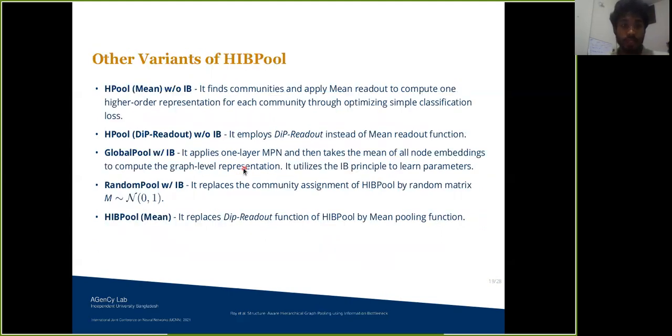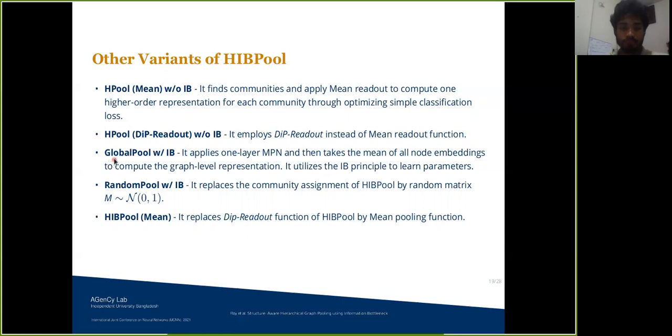In addition, we compare multiple variants of HIBPool in our experiment. HIBPool mean without IB finds communities, applies mean readout, and optimizes the simple classification loss. HIBPool deep readout without IB employs deep readout under a simple classification loss.